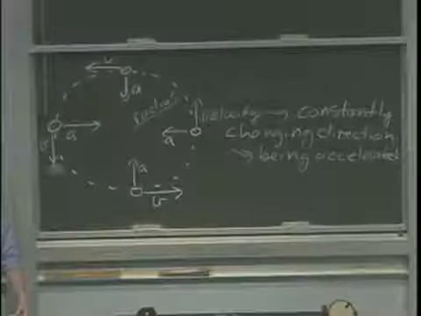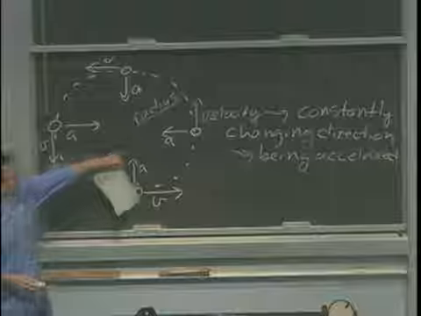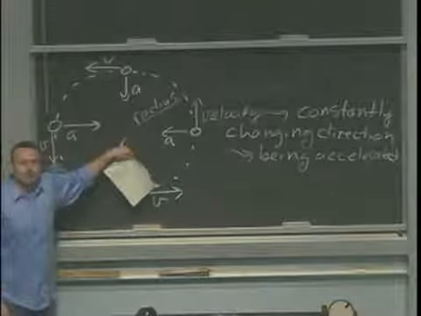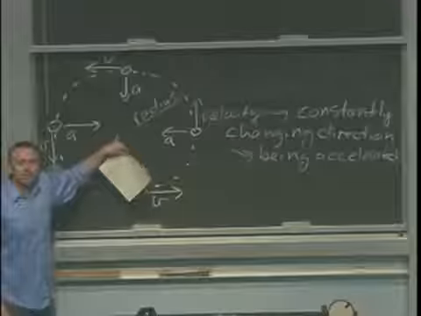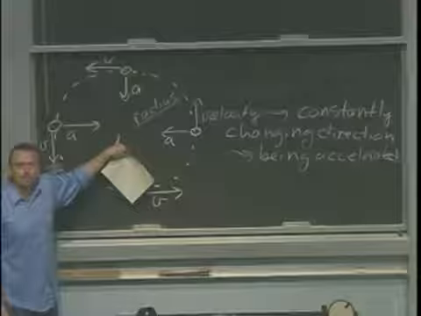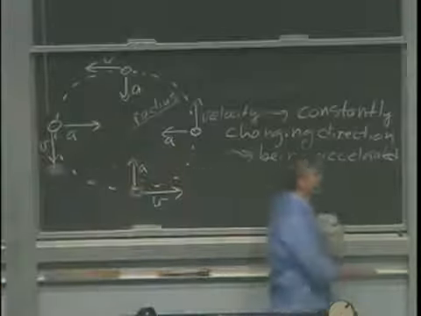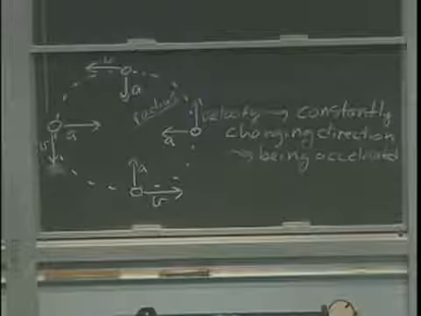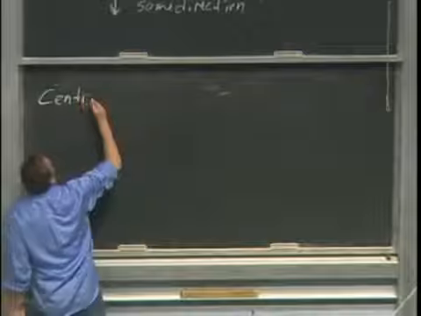Okay. So key point: when you have uniform circular motion, the object is always accelerating, but the acceleration always is directed towards the center of the circle of motion. So we have a name for an acceleration like that. It's called the centripetal acceleration.